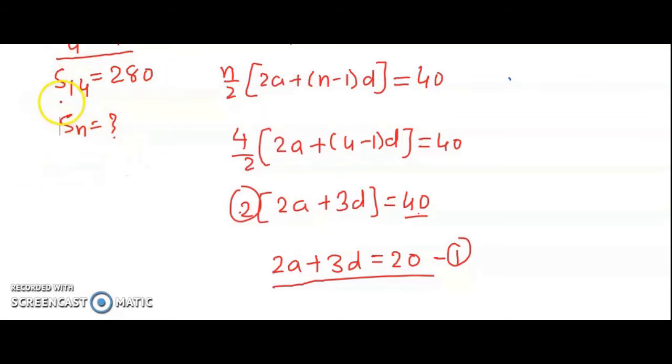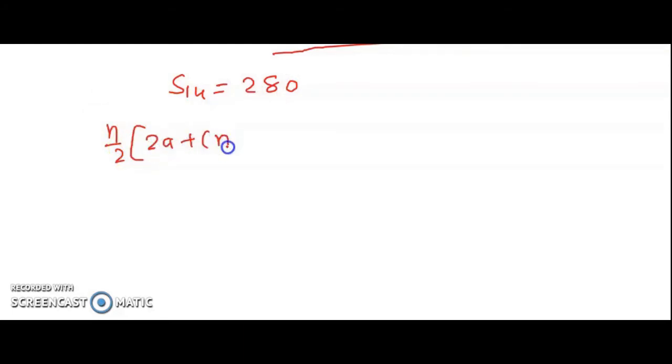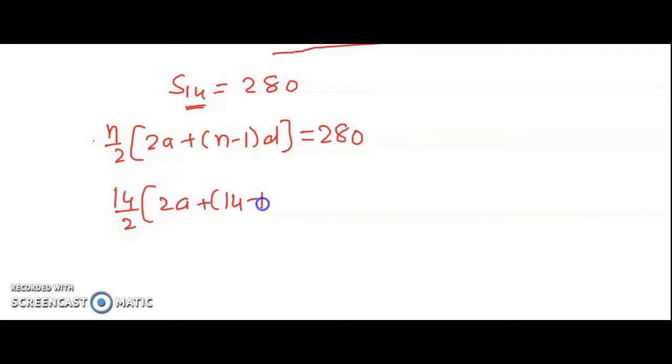If you put the formula for Sn, n by 2 into 2a plus n minus 1 multiplied by d, equal to 280. In place of n we put 14, so we get 14 divided by 2 into 2a plus 14 minus 1 multiplied by d, equal to 280.